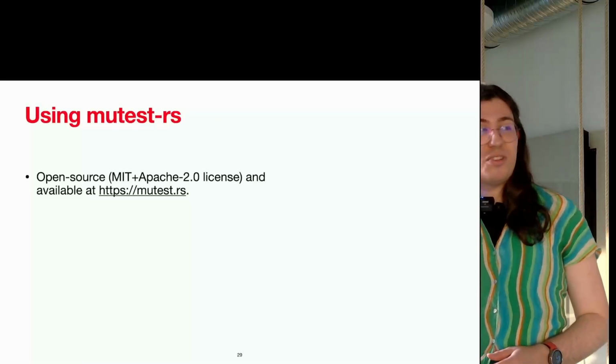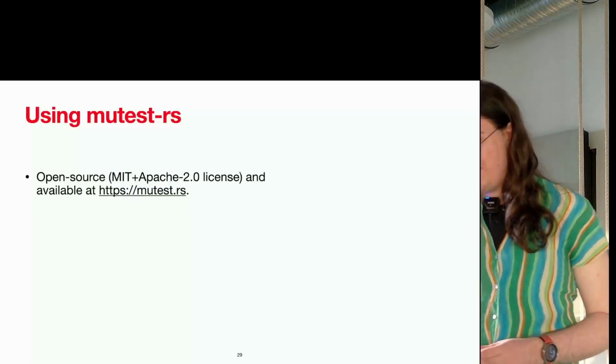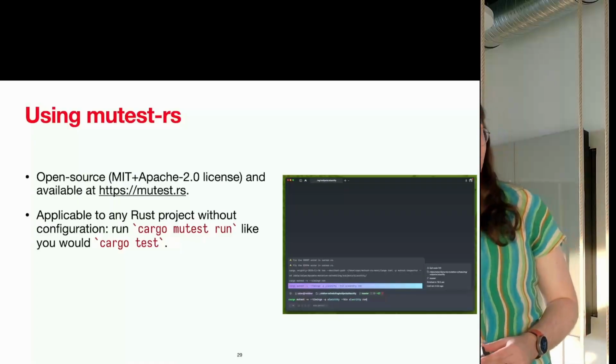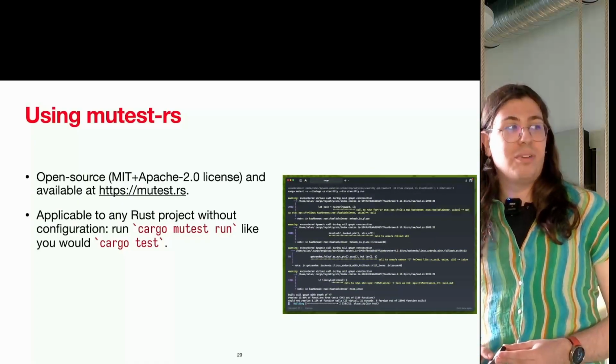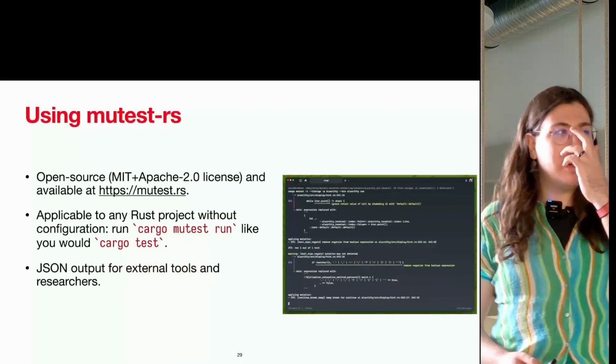So mutest-rs is open source, dual licensed under the standard Rust licenses. It's available at mutest.rs. It is applicable to any Rust project without any kind of configuration. So if you can run cargo test, you should also be able to run cargo-mutest instead.